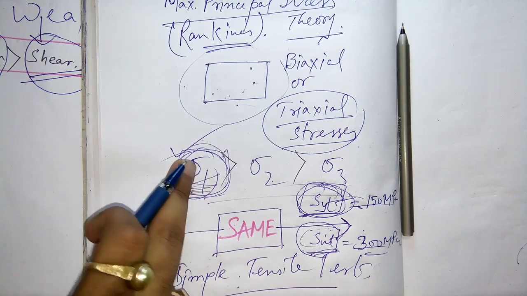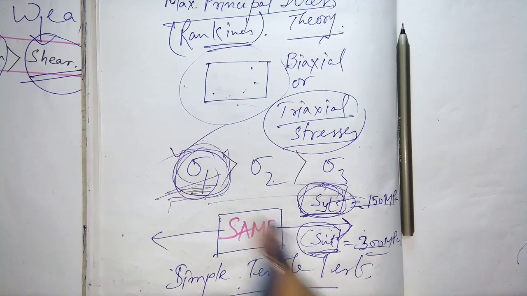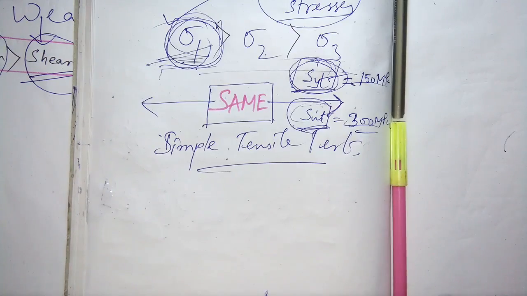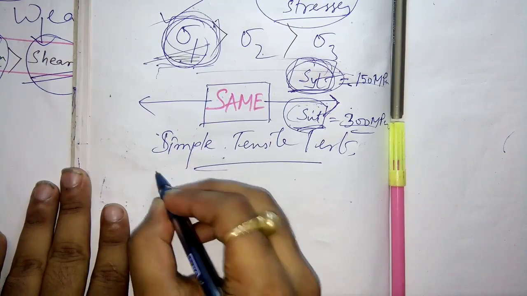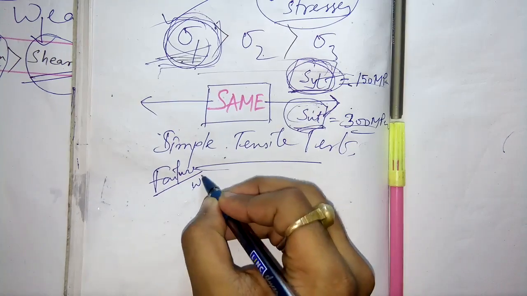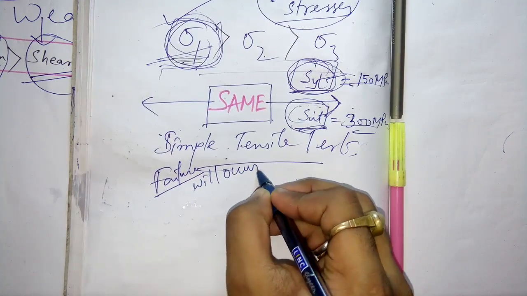Sigma 1. When this maximum principal stress equals the yield strength or the ultimate tensile strength of the material, that means this material is going to fail.